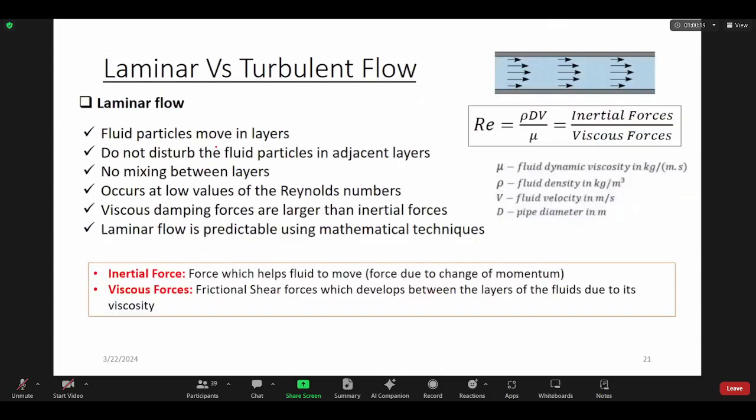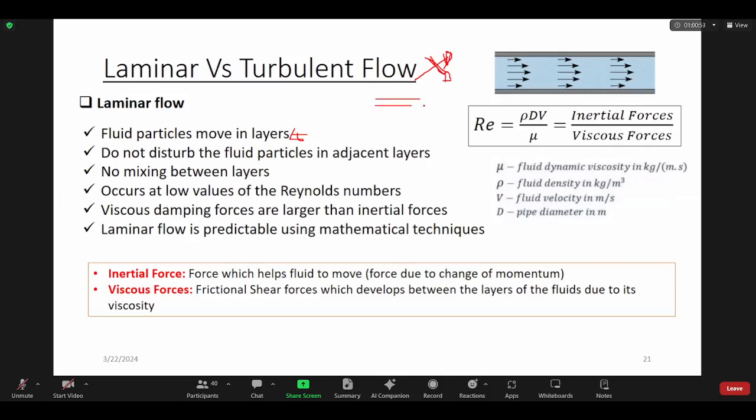Laminar flow: fluid particles move in layers. As we have discussed, they do not disturb the fluid particles in adjacent layers. It means there is no crossing between streamlines and no mixing between layers.